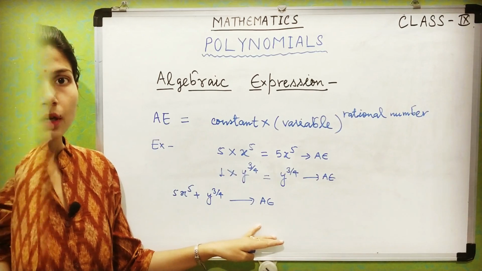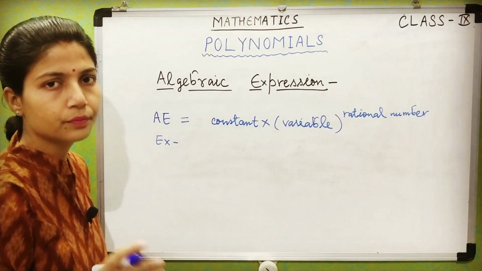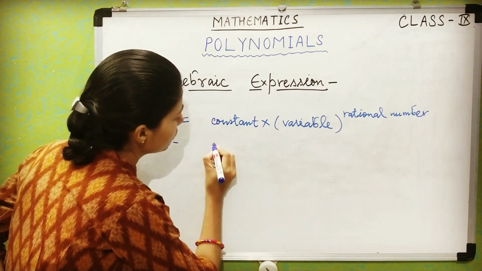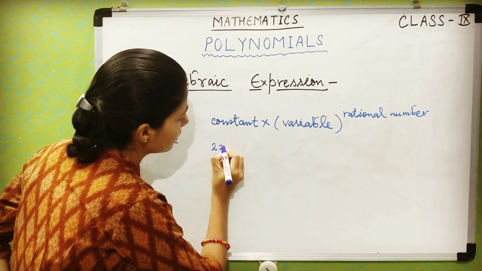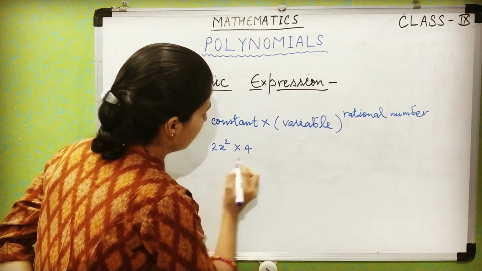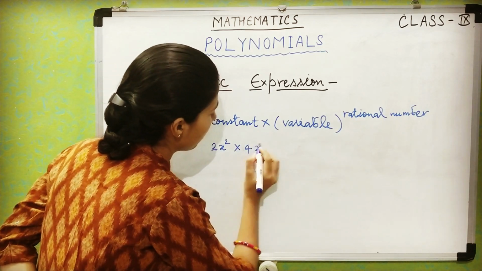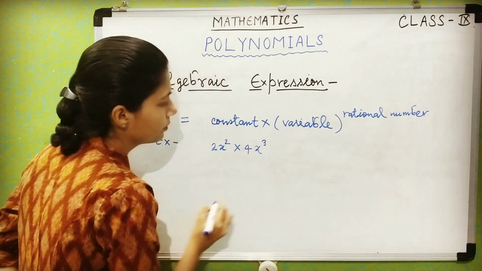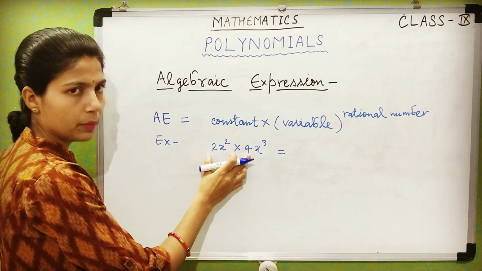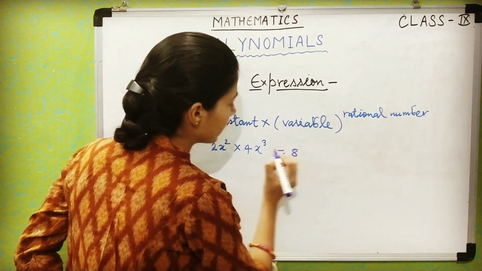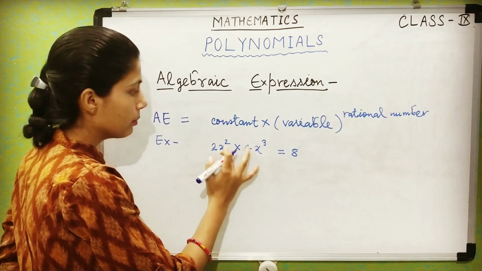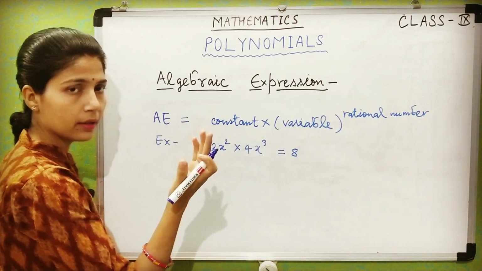First I am taking a multiplication example of 2 algebraic expressions. Suppose I have 2x raised to power 2 and I am multiplying it by 4x raised to power 3. So 2 and 4 are constants, so they will be multiplied: 2 times 4 is 8. And see here, you are multiplying two variables which are the same but powers are different, so powers will be added.